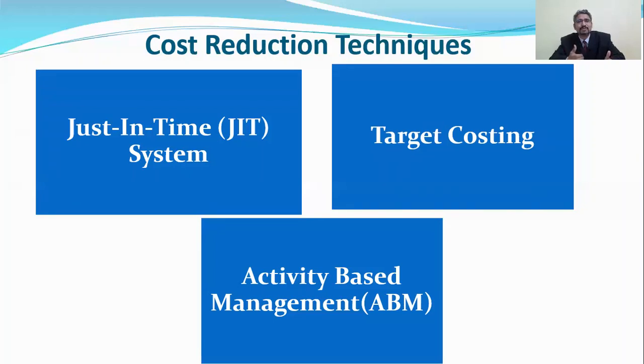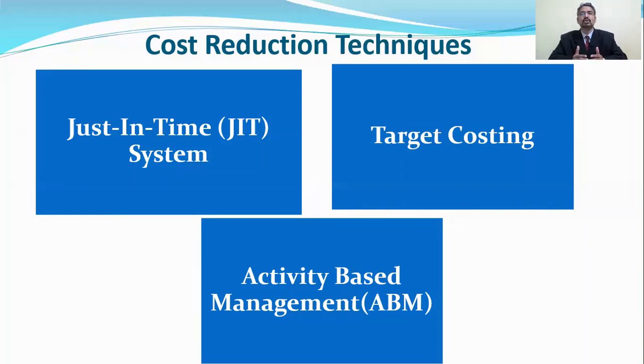So target cost is the process of designing a product and the procedure that go into making it so that it may be made at a cost that allows the company to profit when the product is sold at the projected market driven price. Whenever we are in a cut-throat competition, we'll have to follow the target costing, because our competitors are not going to sell their product at more pricing.